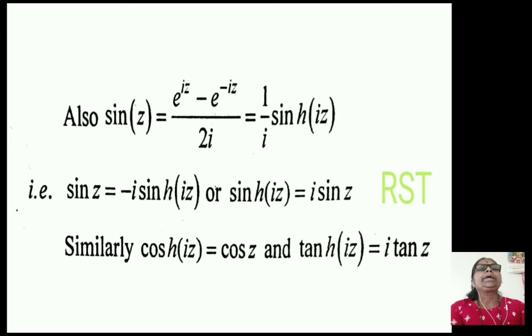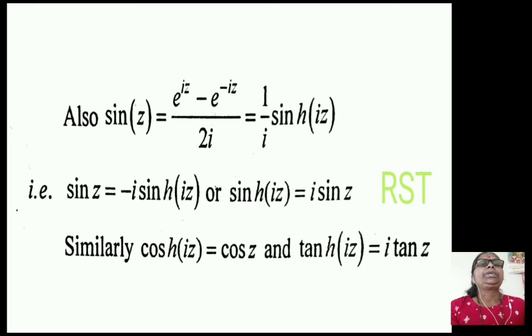Also, sin of z equal to e raised to iz minus e raised to minus iz upon 2i, which is equal to 1 upon i sine hyperbolic iz, since sine hyperbolic iz is e raised to iz minus e raised to minus iz upon 2.